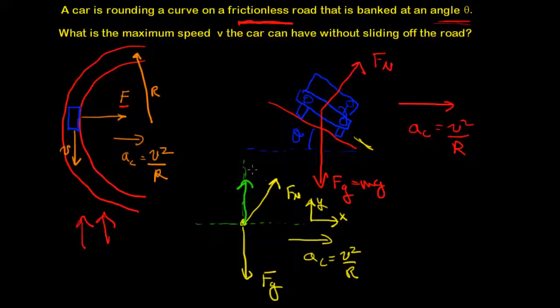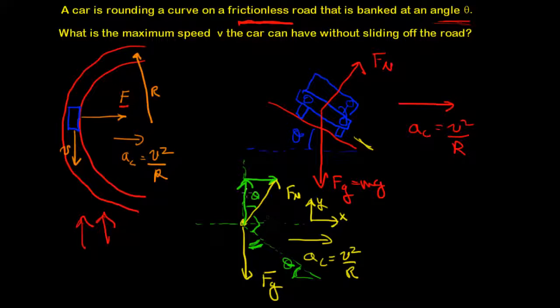So there is the normal force, and if I come back down here and look at the angle of my road, this angle here is the thing I'm calling theta. That means this angle here is 90 minus theta. Since this is 90 degrees, that is to say the normal force is perpendicular to the road, this angle here is theta again, because this angle with one hash is the complement of this angle, which is two hashes, which is the complement of this angle, which is one hash.